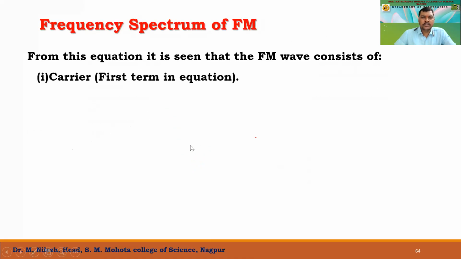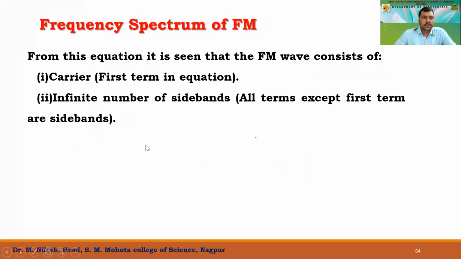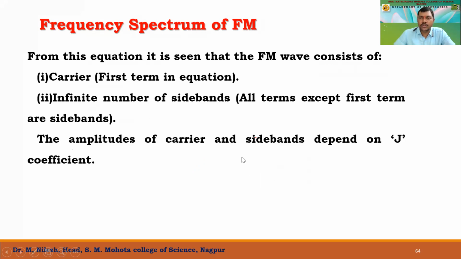From this equation, it is seen that the FM wave consists of the first term, that is the carrier, and an infinite number of sidebands: all terms except the first term are sidebands. I will show you the graph actually. The amplitudes of the carrier and sidebands depend on the J coefficients. Whatever equation we have derived, omega c is equal to 2 pi fc and omega m is equal to 2 pi fm.